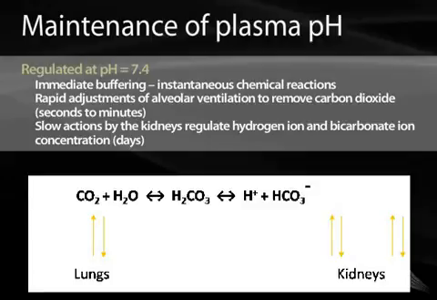Finally, the kidneys regulate hydrogen ion and bicarbonate ion concentration, but this takes longer, more in the setting of hours to days, before the final result occurs. These three systems in concert maintain plasma pH at the normal range in normal physiology.